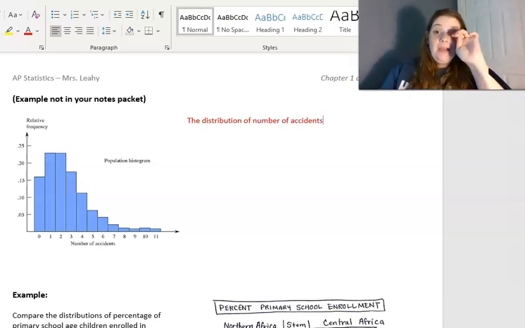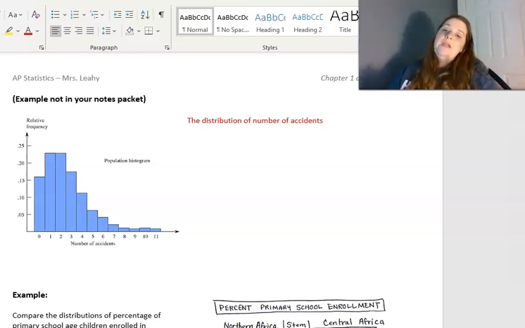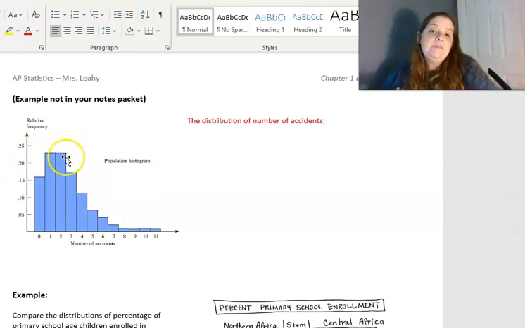I'm using my variable. And I want to look at the shape first. Now, when I see this shape, it does seem to have a peak down here in the 1 to 2 range. And it looks to be skewed to the right. It has that drifting off.